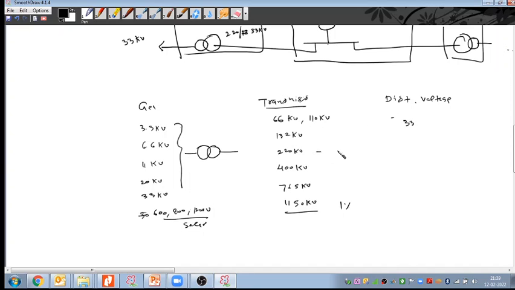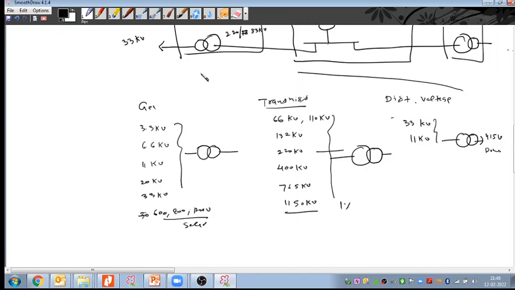So again we require substations that take all this voltage and step down to 33 and 11 kilovolts. Then we require secondary distribution that takes this 11 or 33 kilovolts and steps down to 415 volts, which we feed to the domestic consumers. So this is our overall electrical power system network. I hope this is clear to everyone, right?